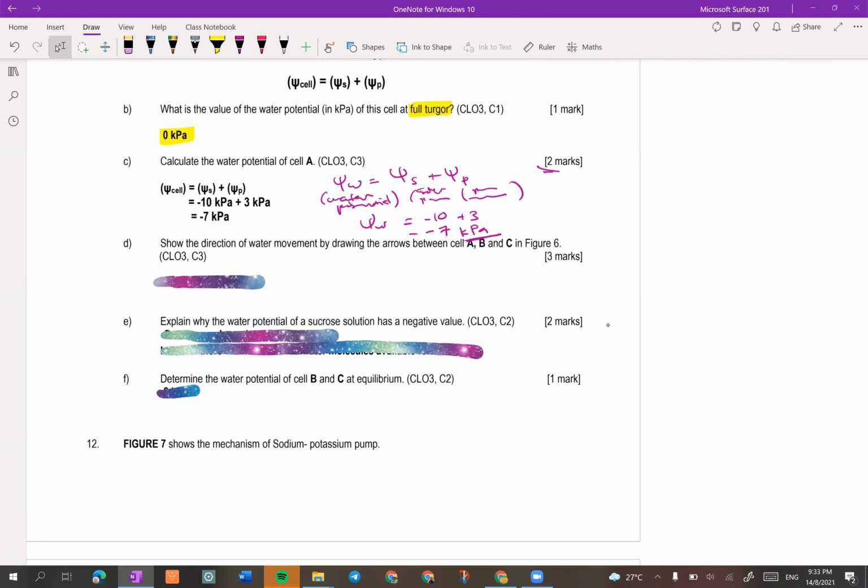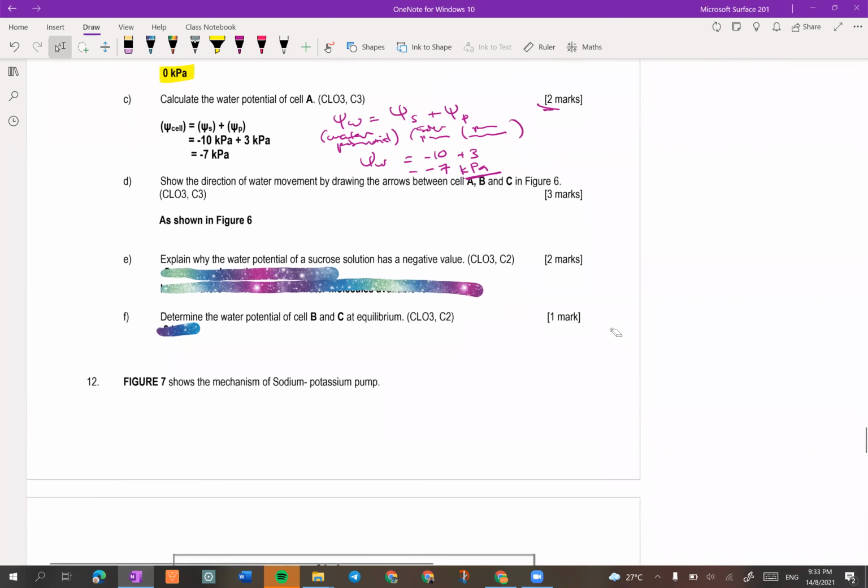Okay, next, we showed the direction earlier, and then explain why the water potential of sucrose solution has a negative value. So why does the water potential of sucrose solution have a negative value? Sucrose is actually a solute. So whenever you add solute to water, it makes it negative. Okay, so that is one of our answers, which is solute makes water potential negative, or solute has a negative value on water potential.